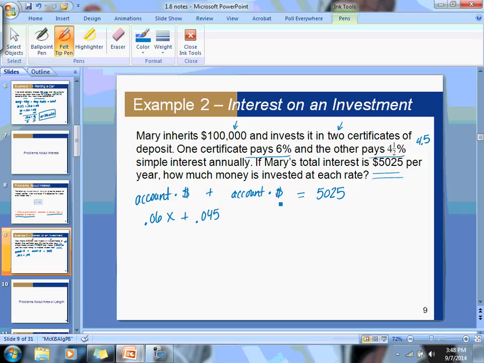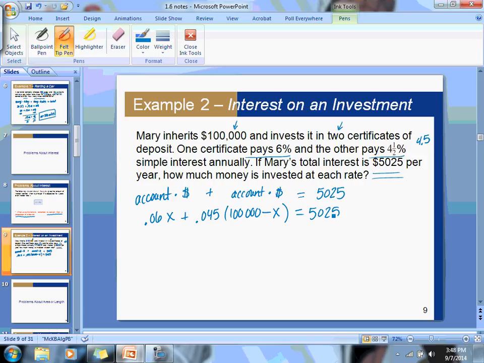Now we can figure out how much money she put into this account. Because if she had $100,000 altogether, she'd have to take $100,000 minus the amount she put into the other account to have the amount she's putting into this account. And when we add those up, it'll still equal 5025.